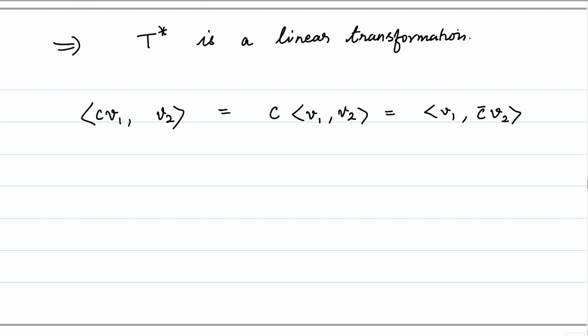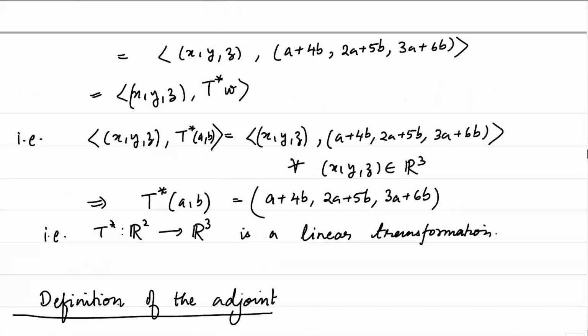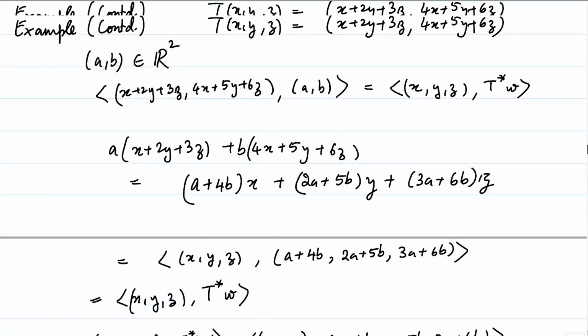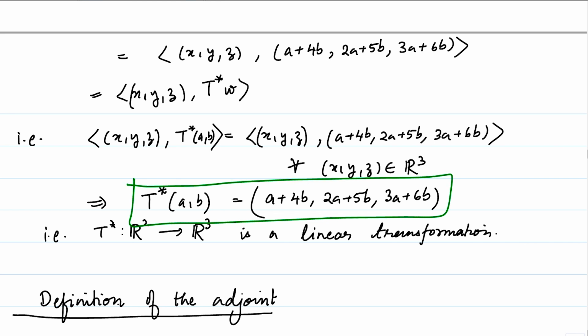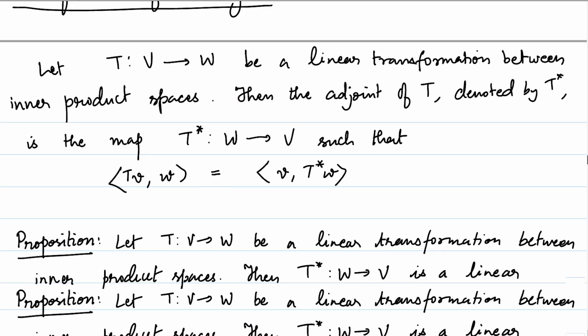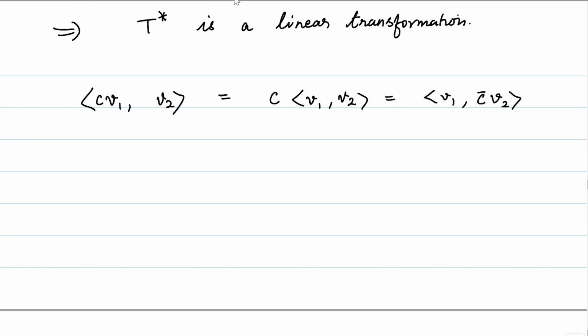V and W being inner product spaces. If we scroll up a bit and look at the example that we were evaluating, we did some amount of computation to come to the conclusion that our T star there is defined in this manner. It might be a good point to say that if we use the tools of the orthonormal basis in an inner product space, a lot of these things might turn out to be far simpler.